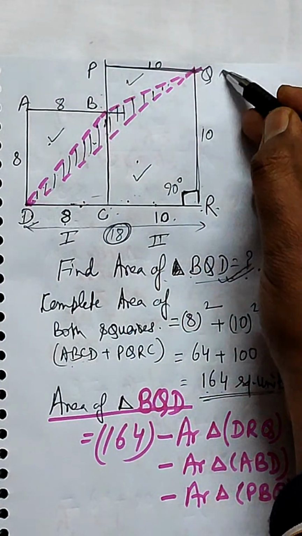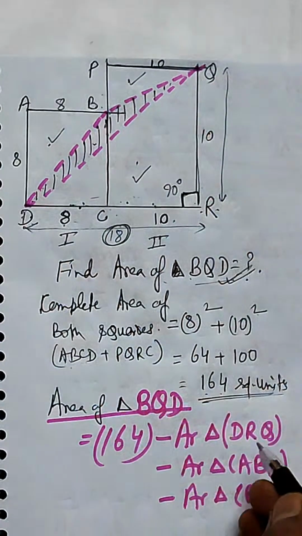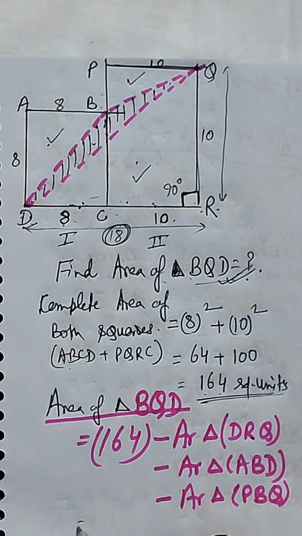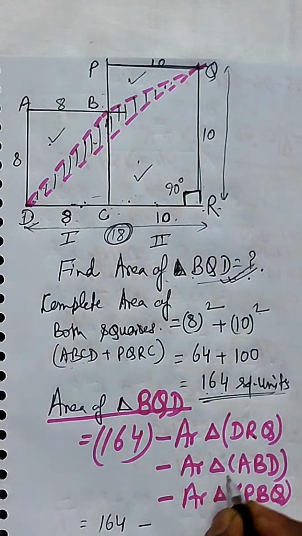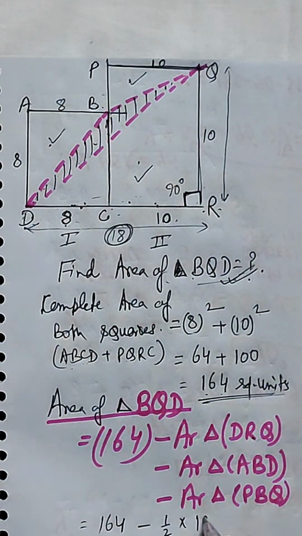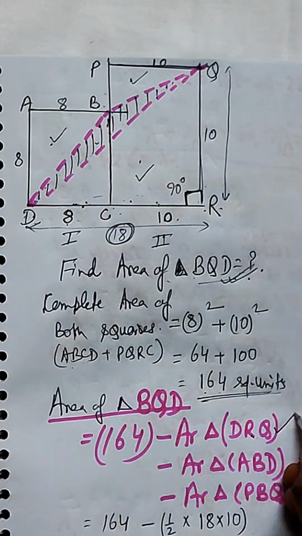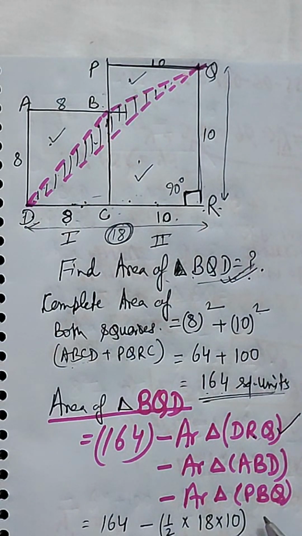So this is 10. The area of DRQ is half into base into height, where base is 18 and height is 10.